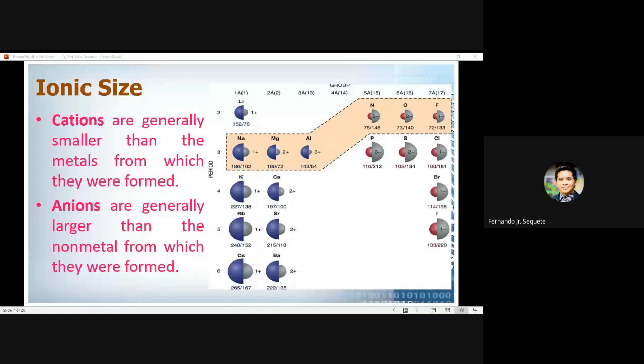Which is larger? According to the rule, Cl5-, sir.